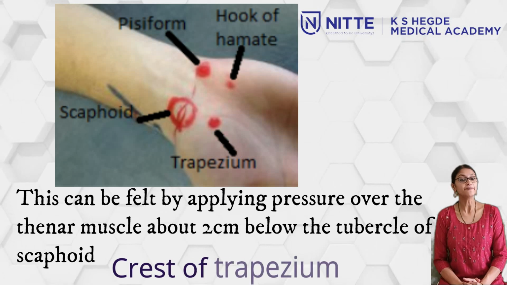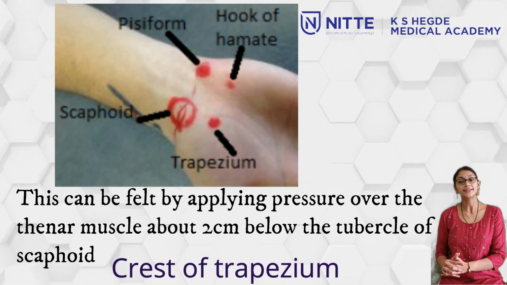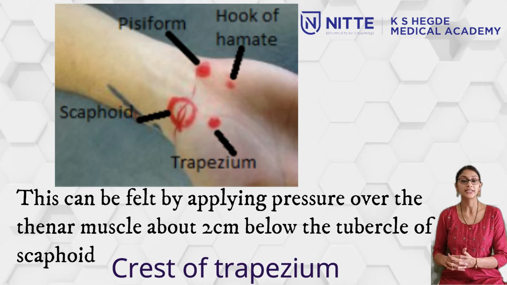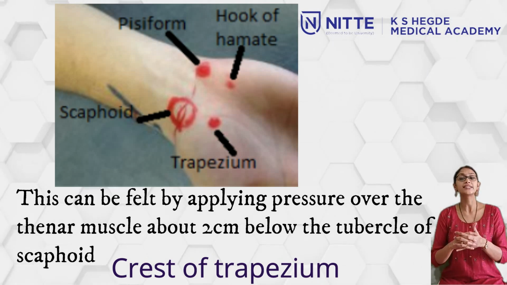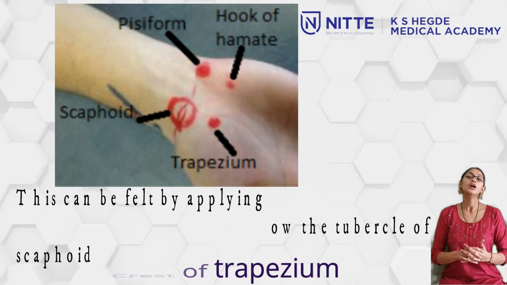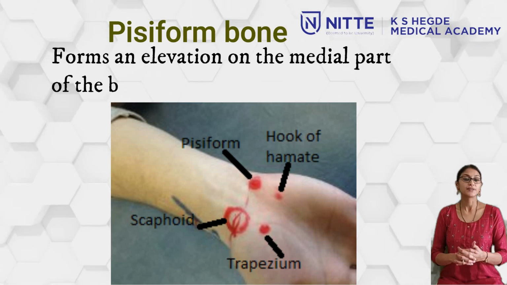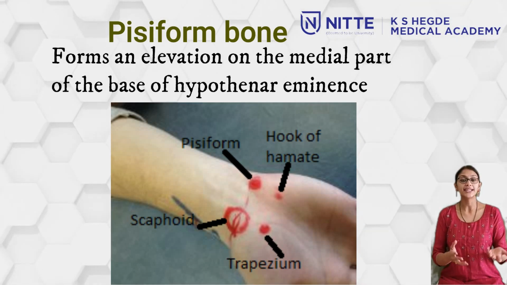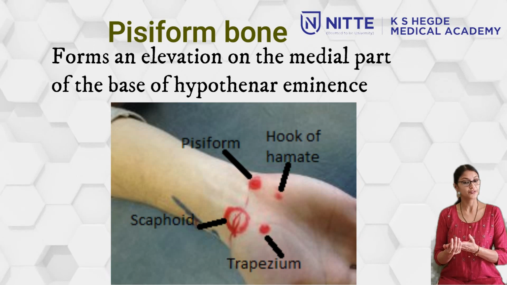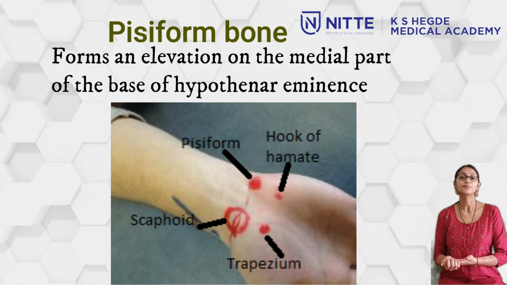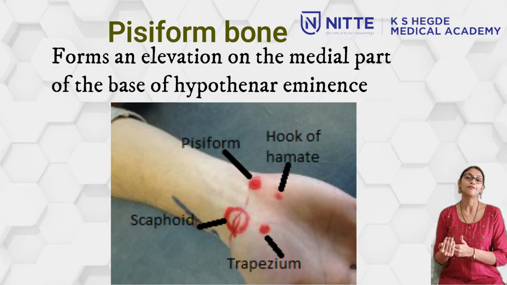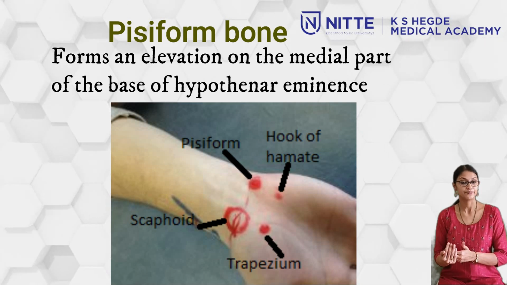Crest of trapezium. This can be easily felt by applying pressure over the thenar muscles about 2 centimeters below the tubercle of the scaphoid. The pisiform bone forms an elevation on the medial part of the base of the hypothenar muscles. It receives the insertion of flexor carpi ulnaris.